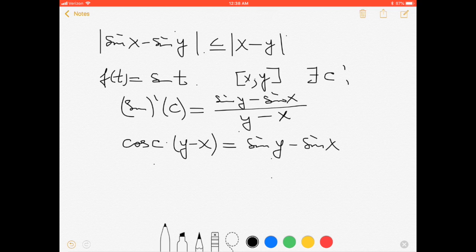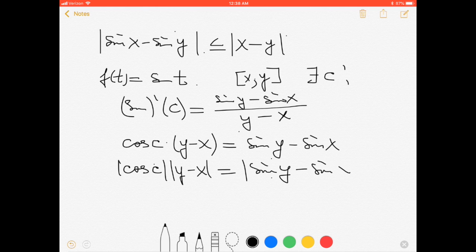Because it's true, here I can put in absolute values. The absolute value of cosine c multiplied by the absolute value of y minus x equals the absolute value of sine y minus sine x.